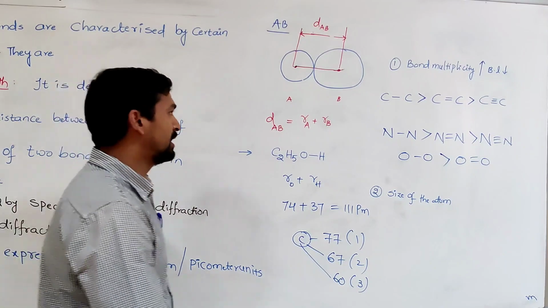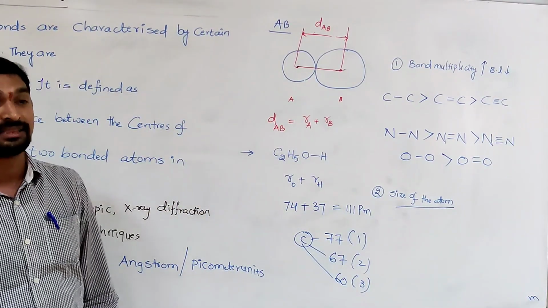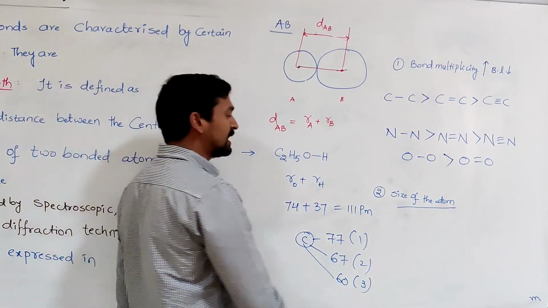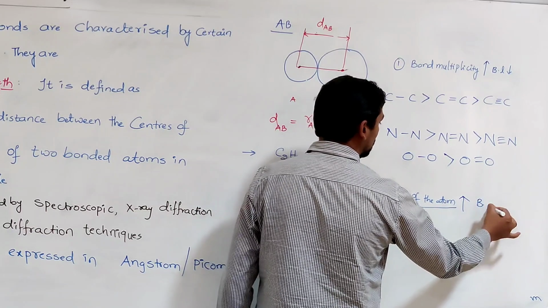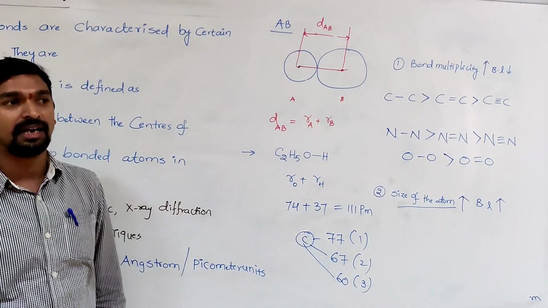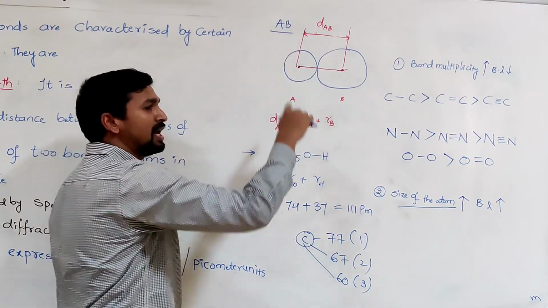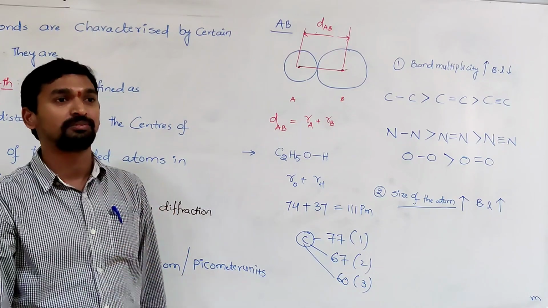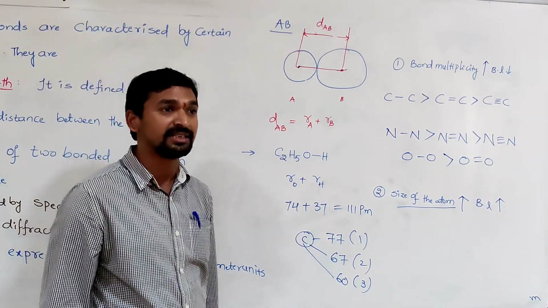And the next factor which is influencing the bond length is the size of the atom. As the size of the atom increases, the bond length also increases. Because as the size of the atom increases, the distance between the center of the nucleus and the mean position of the shared pair of electrons also increases. That means the radius increases.